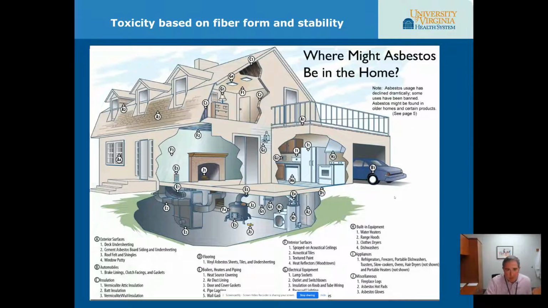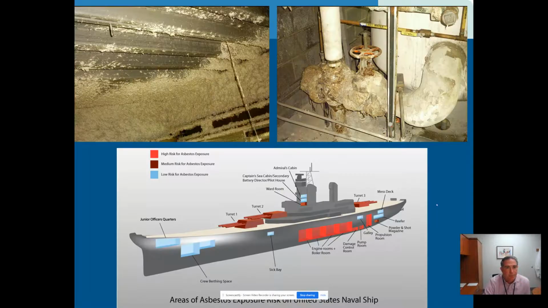Older homes could have the other type. Really, the only risk on a daily basis is when those things get disturbed. So if it's in your attic insulation, the only time it's really at any risk is during the removal or installation of that product.